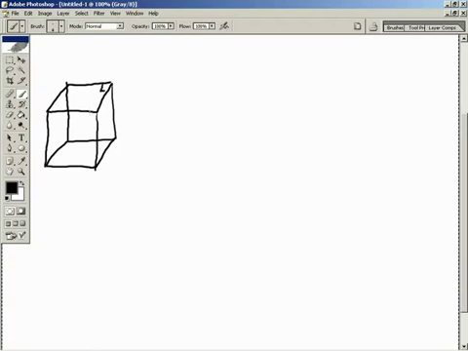Like the box example, all of the angles are 90 degrees. And unlike the box example, all the sides are the same length. We'll call it S. So, side length equals S.